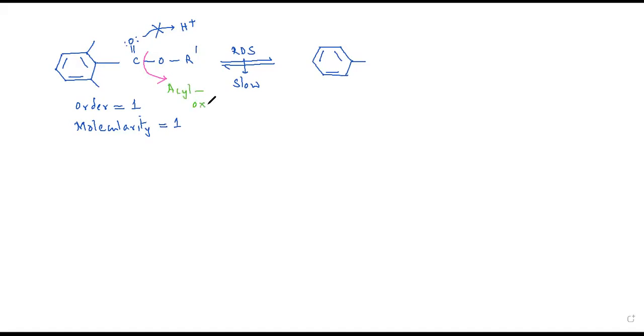So here again it is the acyl oxy cleavage. A very important one. Now we get C double bond O plus R dash O minus.